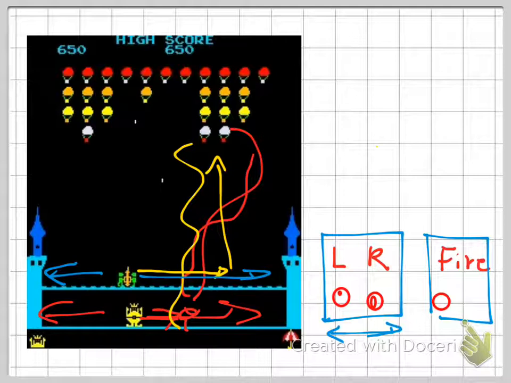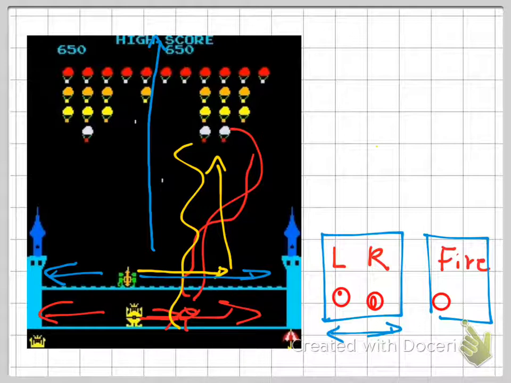So what you had to do first is get underneath your target. So you had to go left or right first. Then you press the fire button, and you could only fire 1 arrow at a time. So if you missed everything, the arrow would go all the way off the screen, and you had to wait until it cleared the screen before you could shoot again. And so you didn't want to miss. You wanted to make sure you were right under the target that you wanted to hit.